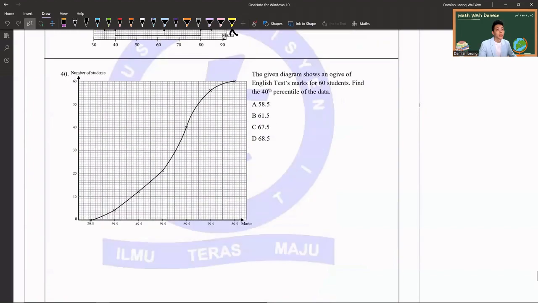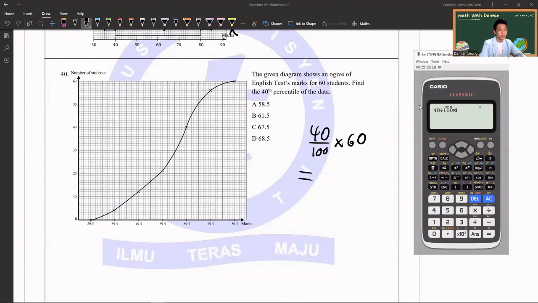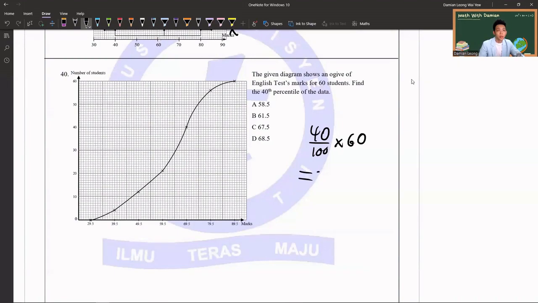Then, the last question here, question 40. This is for algebraic, for 60 students. I want the 40th percentile of the data. So I find 40% of 60 students first. 40% of 60 students, I get 24. Means I look at the cumulative frequency of 24. 24 here.